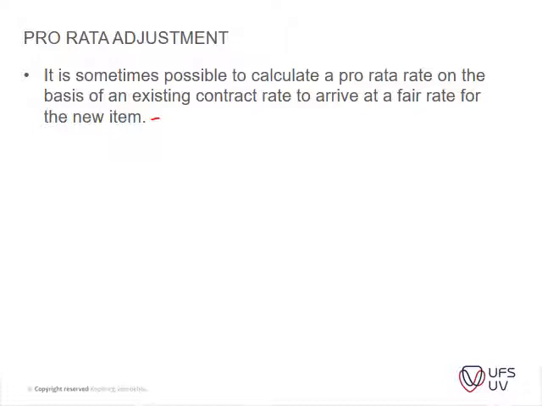For instance, if you've got a roof structure and now you change the roof structure, the rate should change for all the purlins on site. So a good method would be to calculate what would be the cost for a purlin of this size, and then calculating what the rate for a smaller purlin would be, taking the length of the purlin or the square meter area of the purlin if you look at it from the side.